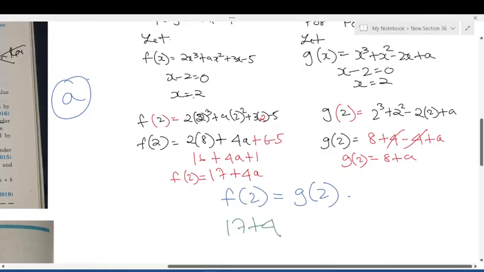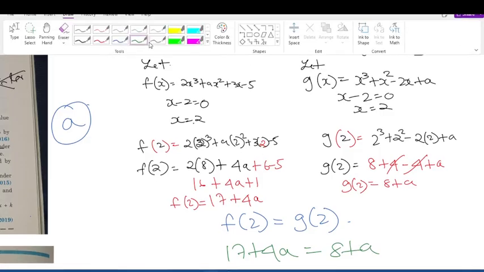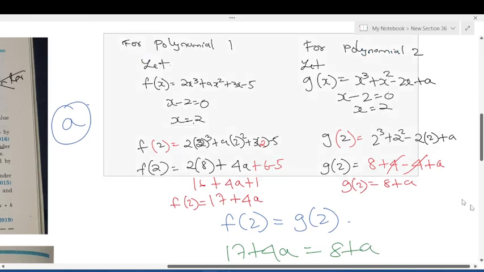17 plus 4a is equal to 8 plus a. Find the value of a from this. F of x will be definitely equal to g of x.